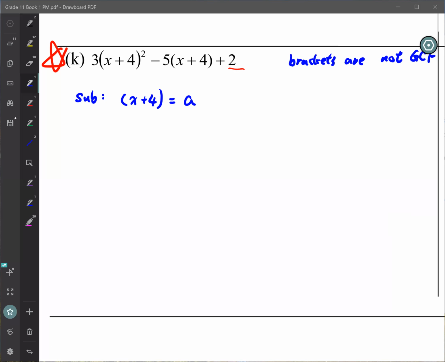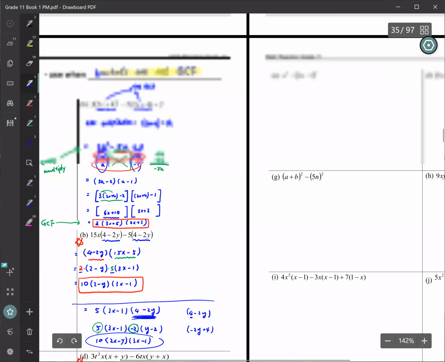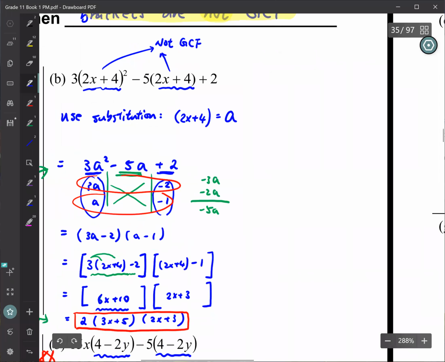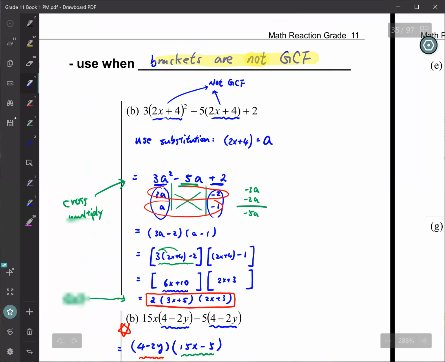You can follow the examples that we did before, right? After substitution and you finish factoring, you have to replace your substitution back. And then keep checking if there's any GCF.